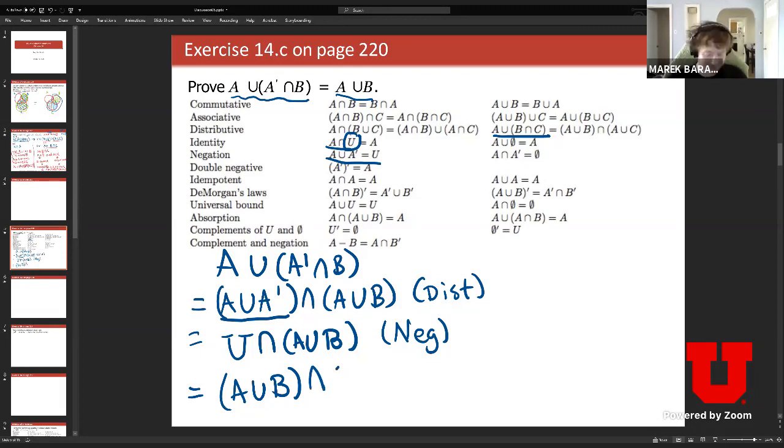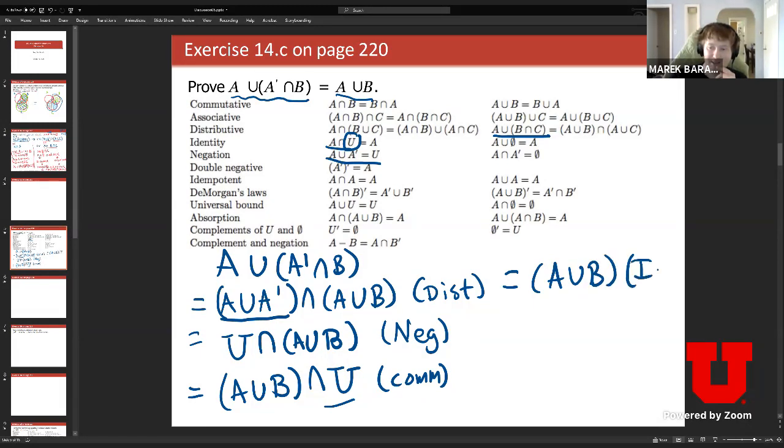So we get A union B intersect with the universal set, and that's by commutative. And then finally, we can apply identity. So we have the universal set here, which means we just get the left portion, A union B, that's by identity. Why though? I'm not sure what you mean.